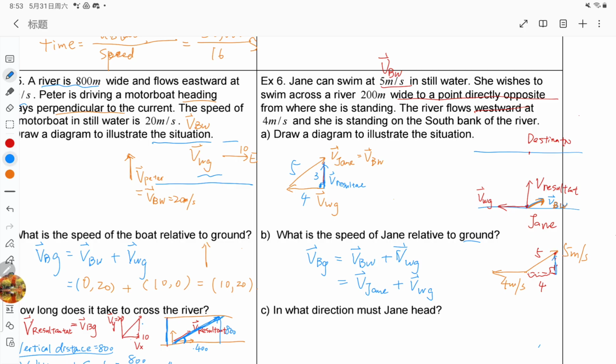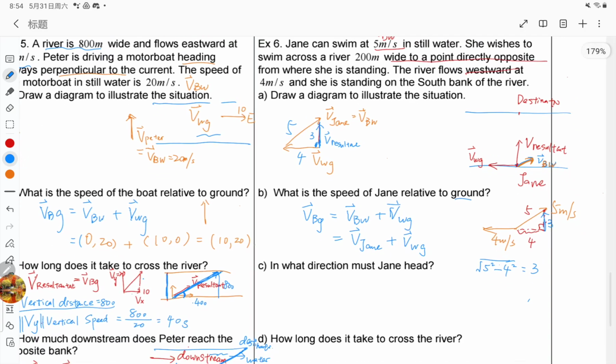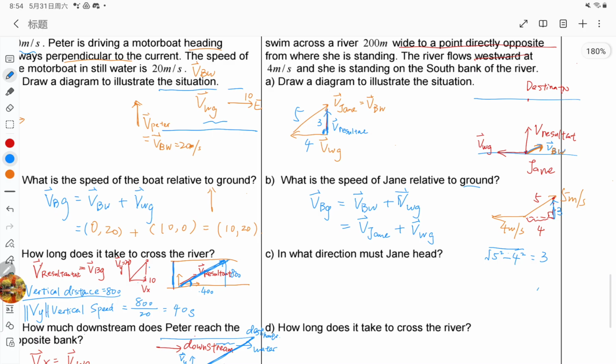By the Pythagorean theorem, the square root of 5 squared minus 4 squared is 3. So the speed is the magnitude of the velocity, so this is 3, right?